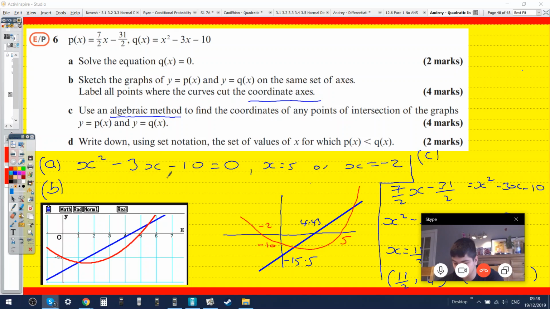And then how do we do part D? Is this where I need to get the intersection? No, we just got that. When is p of x less than q of x? Do I need to get the maximum stuff? No. When is the blue line less than the red curve?